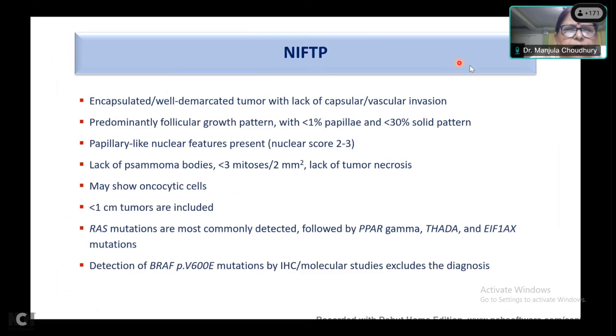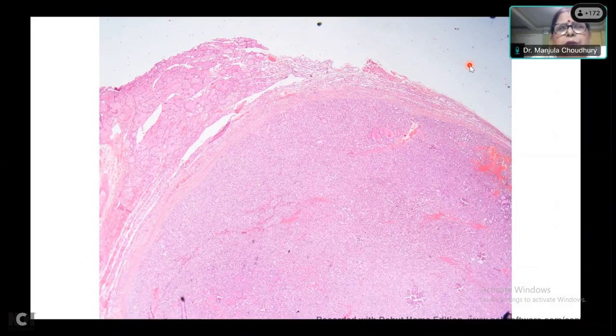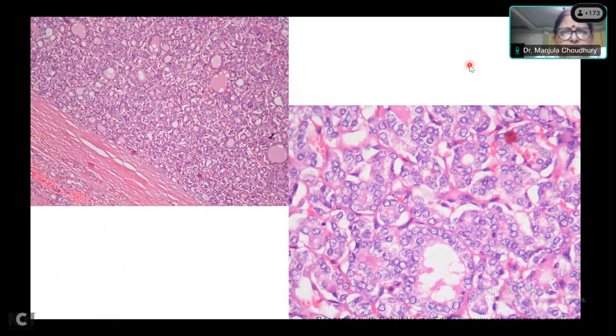And he has mentioned another very important point, the RAS mutation in this encapsulated tumor. In the case of NIFT-P, the WHO has not called it carcinoma; it is the non-invasive follicular tumor with papillary-like nuclear features, and it is not named as carcinoma. So the prognosis of this tumor is very good, and the nomenclature is also very nice without giving the name of carcinoma. This is my point regarding this case.